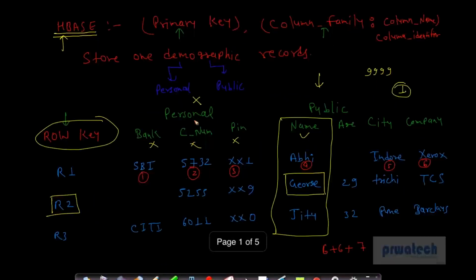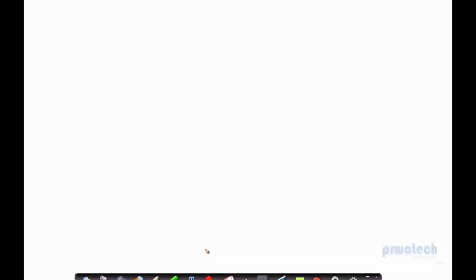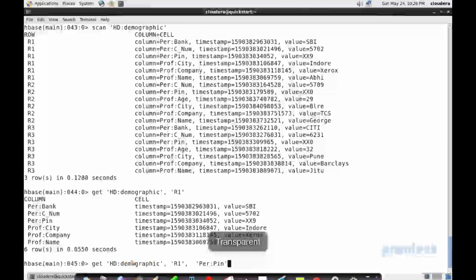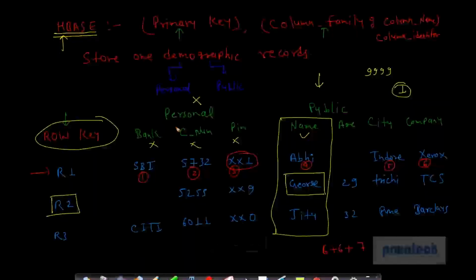When I run that query and I'm searching for person R1 and I'm looking for this result, it will first go and check this row key, because it will read your query based on your order. So it will check the table name. It will check the row key, which is this. Then immediately it will check the column family, which is personal.